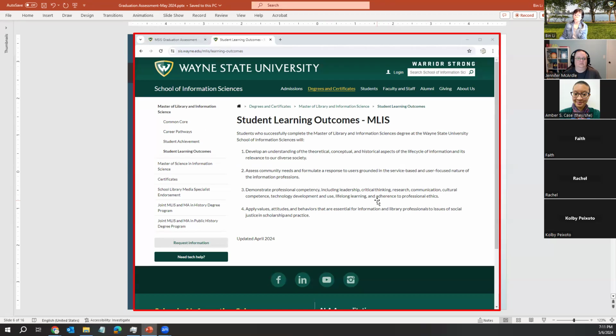For instance, technology development. You can use your technology classes, or anything relating to your technology use and development. You can use that artifact to say you are proficient in it. Like research, right? For research, you can use what you learned in the research proposal.